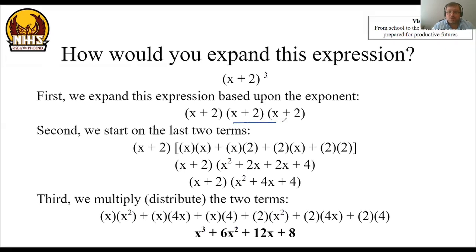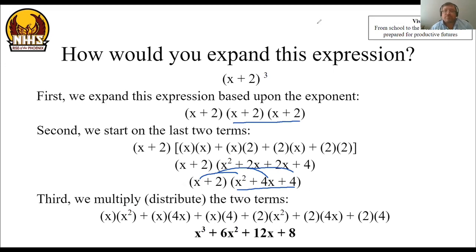I took these two terms first, which was a perfect square trinomial, and then I had to do distribution again: x times x squared, x times 4x, x times 4. I'd have to do this whole thing out, and I would eventually obtain a polynomial. This happens to be a third degree polynomial because it has 4 terms.